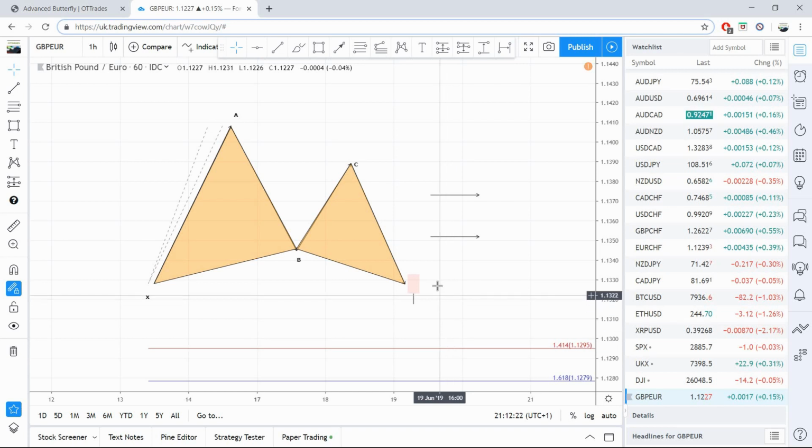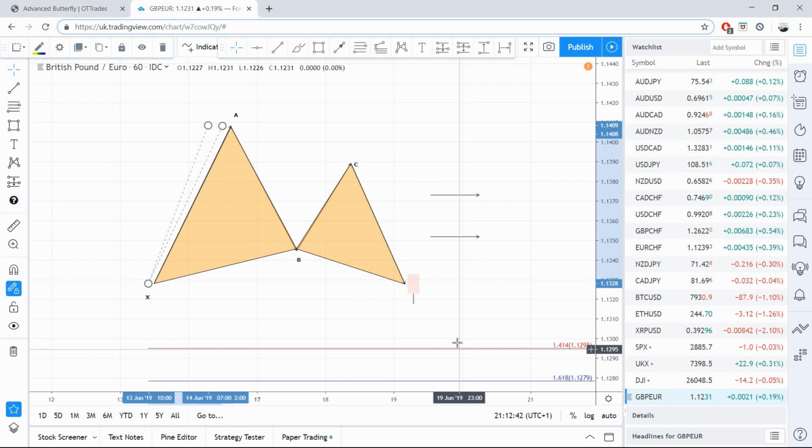Obviously here you're risking less for the 1414, making your profits greater, whereas here you're risking more, which is lowering your risk to reward ratio, but you're more likely to win more often, and in doing so that does tend to work in your favor.